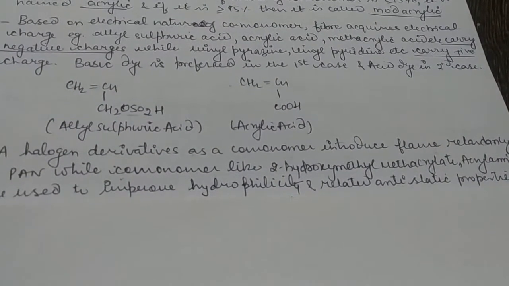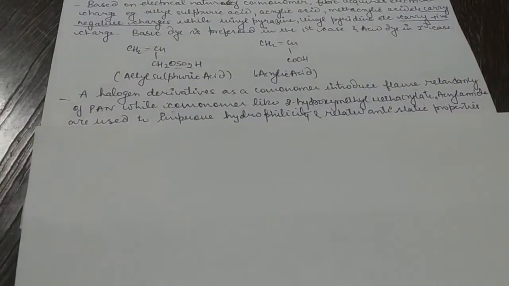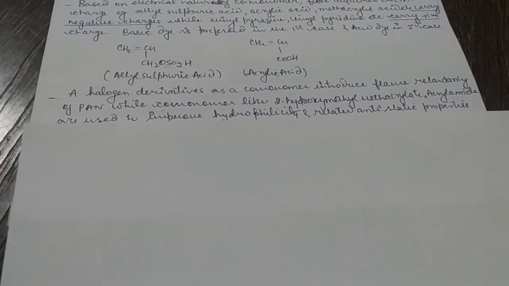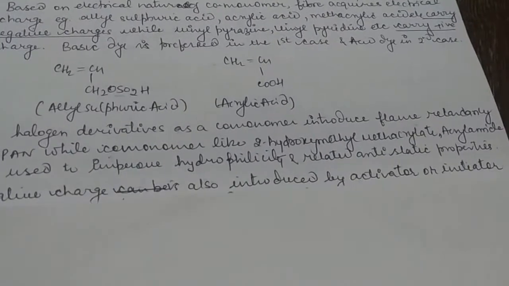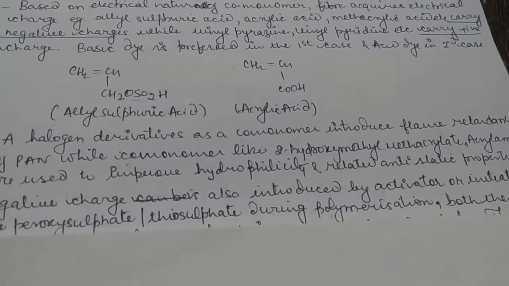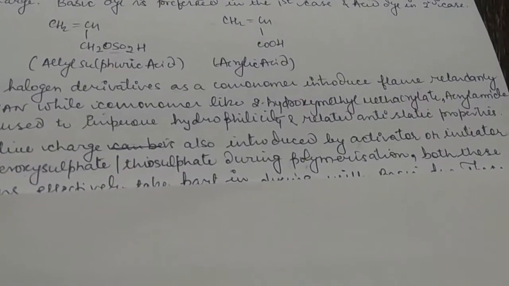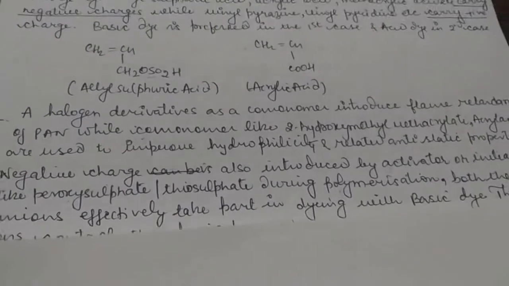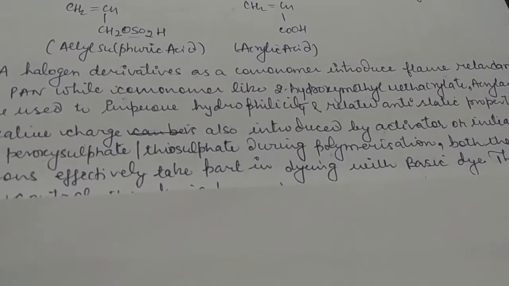If we add a halogen derivative as a comonomer, it introduces flame retardancy, and if we add 2-hydroxymethyl methacrylate, it improves the hydrophilicity and anti-static property of the fiber. Negative charge is also introduced by an activator or initiator like peroxysulfate or thiosulfate during polymerization.